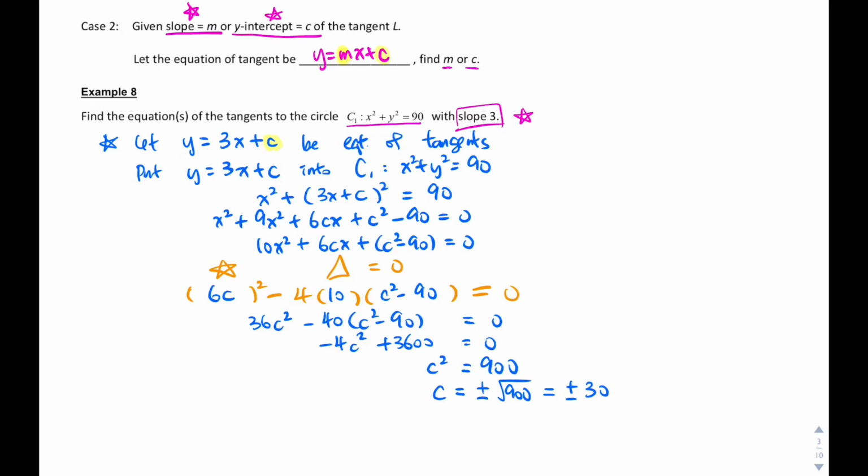So for this case, there are two possible values of c, and so there are two possible equations of tangent with slope 3 for this circle C1. Finally, we can write the answer. The equations of the tangents are y equals 3x plus 30, or y equals 3x minus 30.